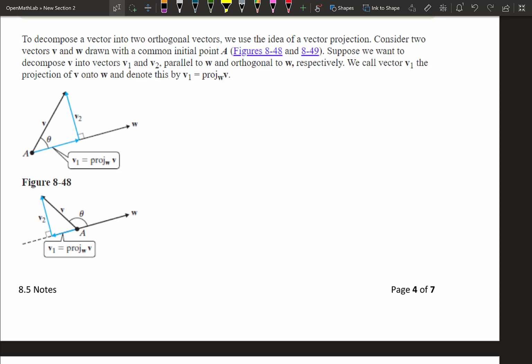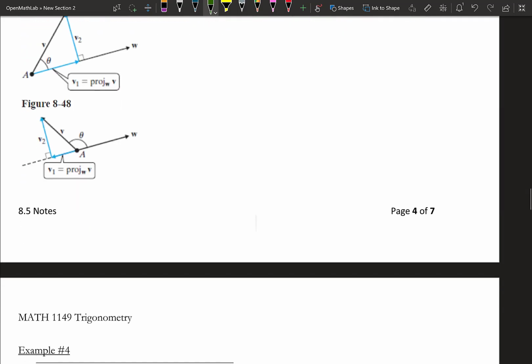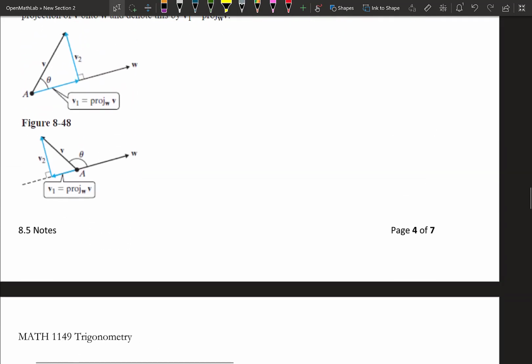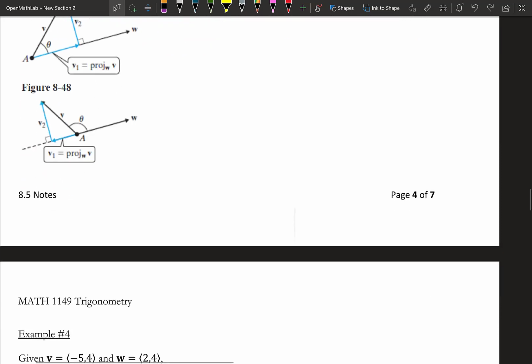Right? So you can see we have two different cases here, where theta is acute and where theta is obtuse. You can see both cases and how that looks in the figures below. So it's kind of like casting a shadow, the projection.